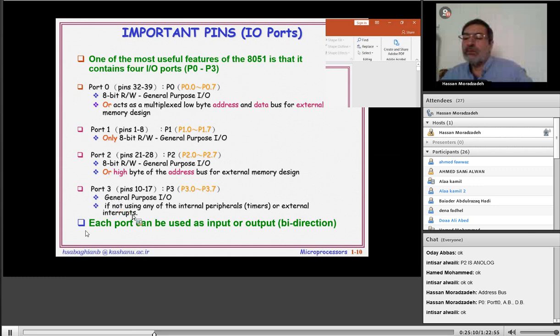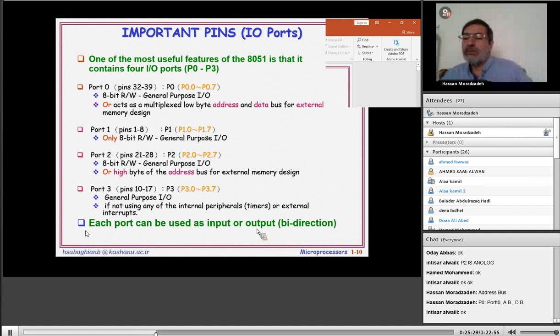Okay, port 1 is only 8-bit read writable general purpose I/O. Port 2 is 8-bit read writable general purpose I/O or the high byte of the address bus for external memory design, okay, for external memory only.